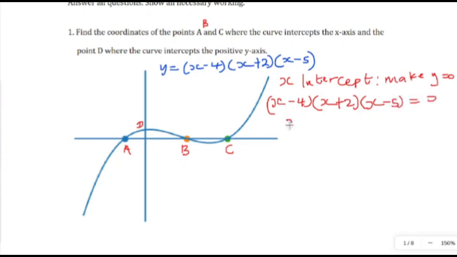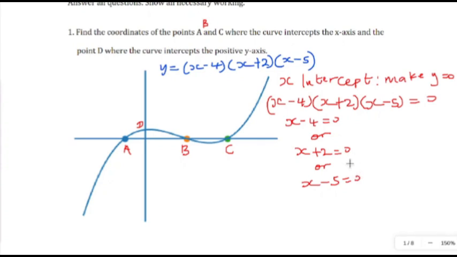So this implies that x minus 4 equals 0, or x plus 2 equals 0, or x minus 5 equals 0.